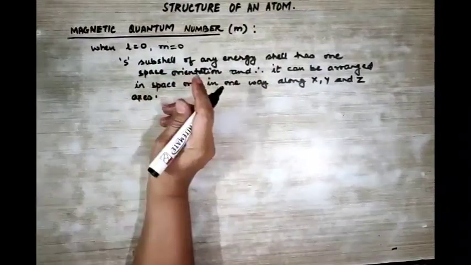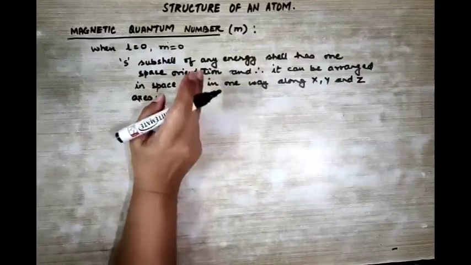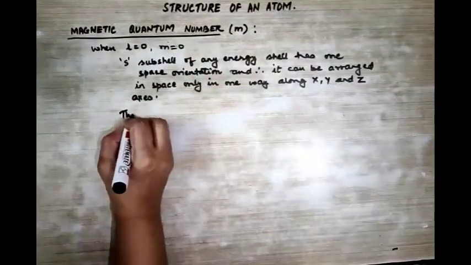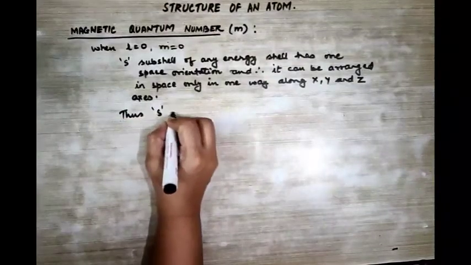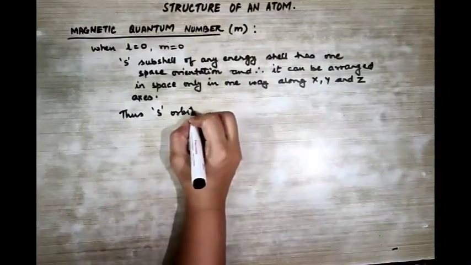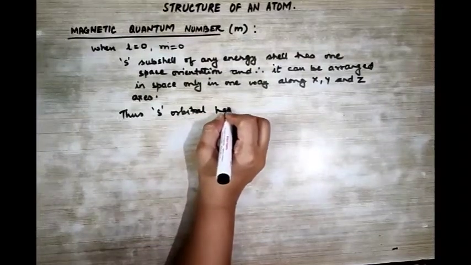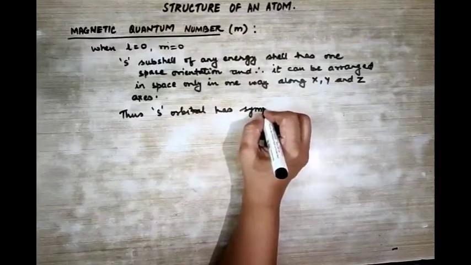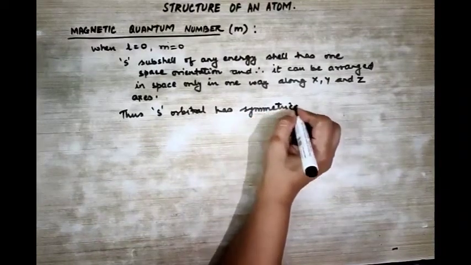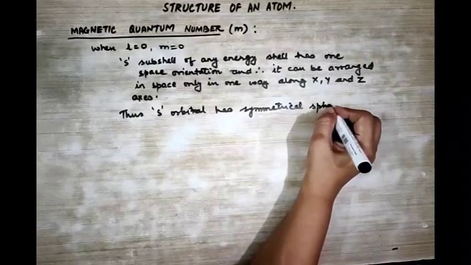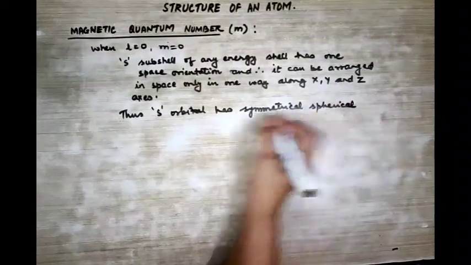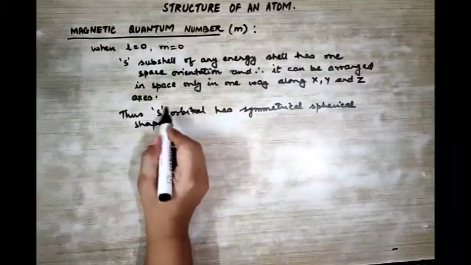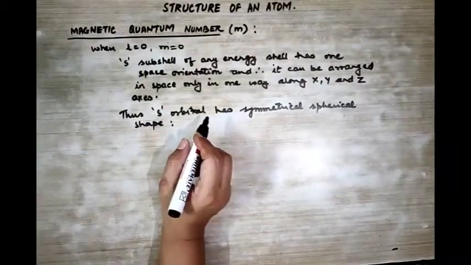I'll show you over here. Thus we can say that this s orbital has a symmetrical spherical shape. Thus, very important, s orbital has symmetrical spherical shape. Okay, so now I'm going to discuss the shape of the s orbital with you.